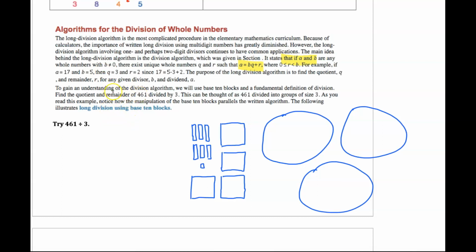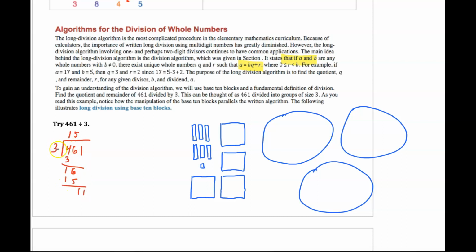And so let's look at the quotient. Let's find the quotient for 461 divided by 3. In long division, what you would do is say, how many times does 3 go into 4? You say 1, and you bring the 3, 1, and then 6. How many times does 3 go into 16? You say 5, 15, bring the 1 and 1.